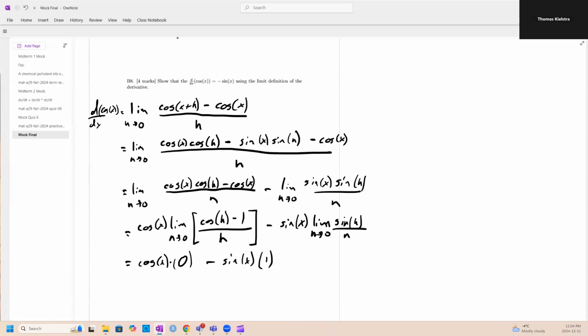And these are fundamental trig limits: cos of h minus 1 over h and sine of h over h. So this equals minus sine of x. We have our solution.